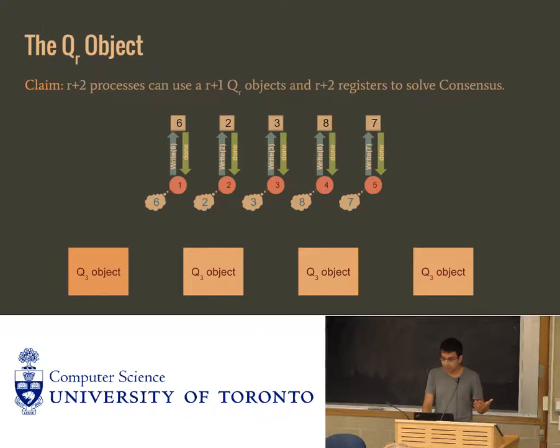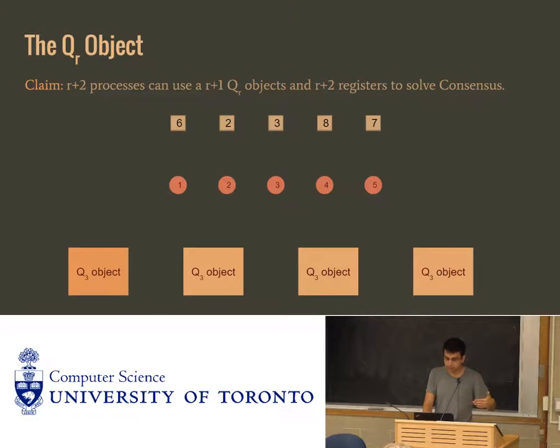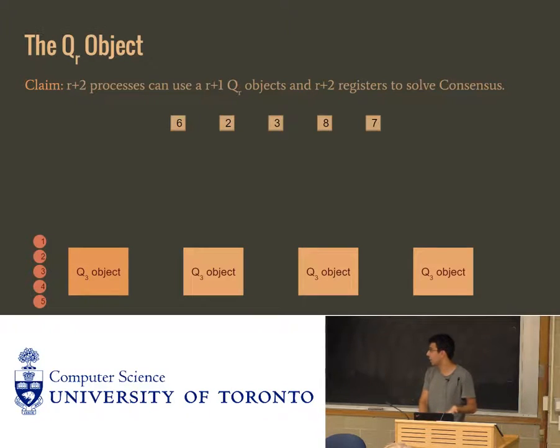After that, they compete at the first Q3 object to elect a leader. They've elected, in this example, process 4. Process 4 is the leader, and so he can just decide his own value.